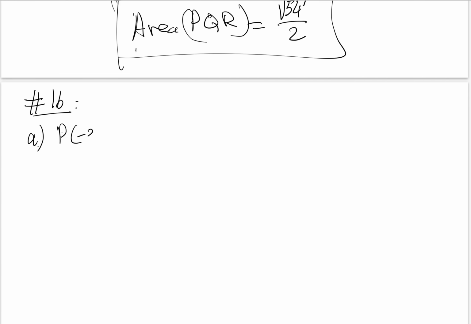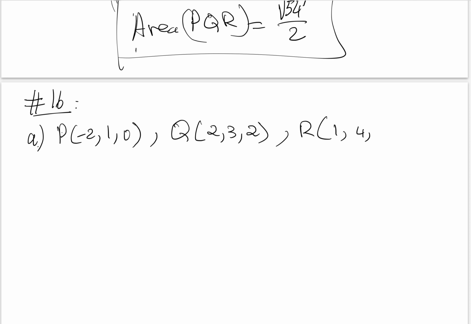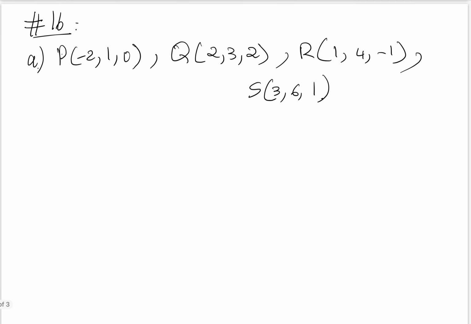P is negative 2, 1, and 0, and Q is 2, 3, and 2. And you have R, which is 1, 4, and negative 1. And S is 3, 6, and 1.